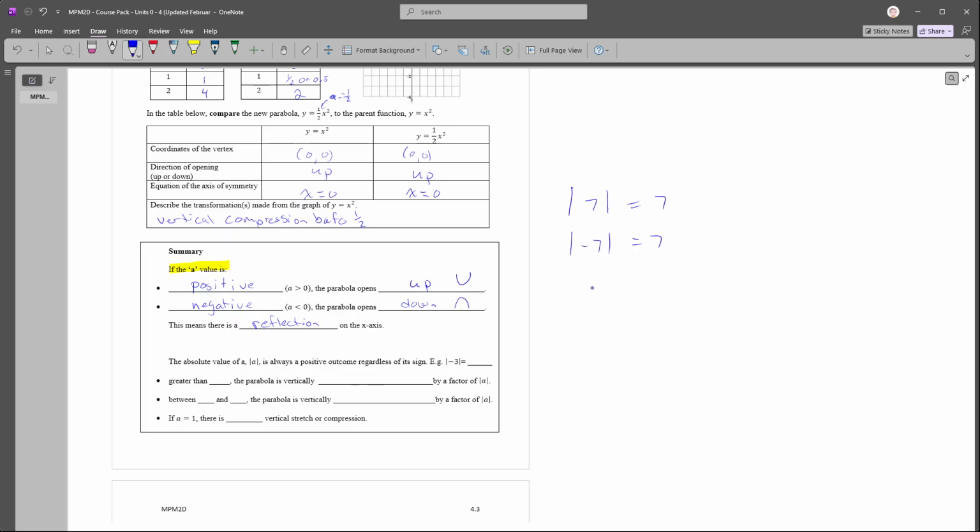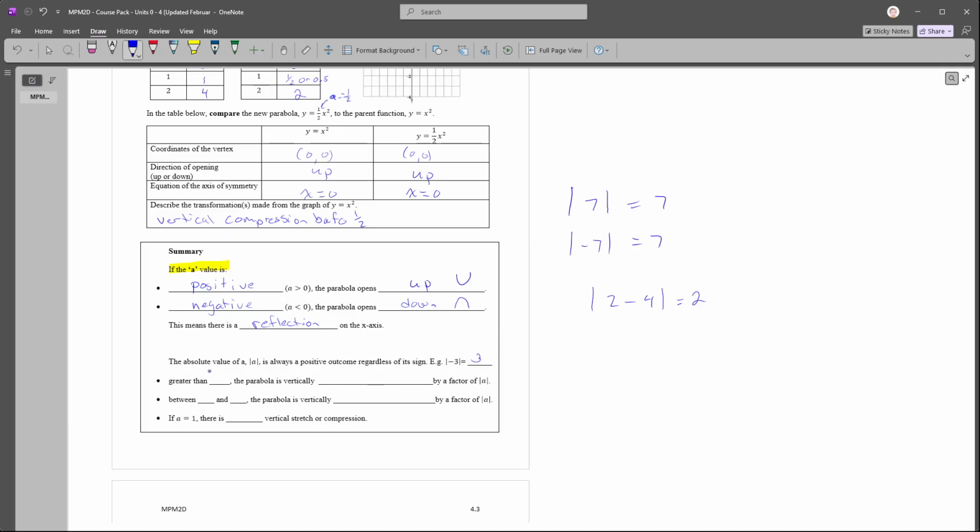If I take the absolute value of 2 minus 4, it first does 2 minus 4, which gives negative 2, but then the absolute value of negative 2 is simply 2. So the absolute value of a, the magnitude of a, is always the positive outcome regardless. The absolute value of negative 3 is just 3.